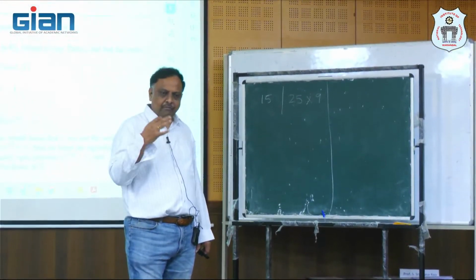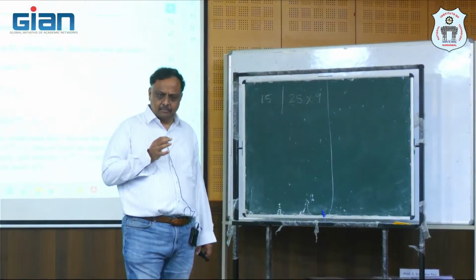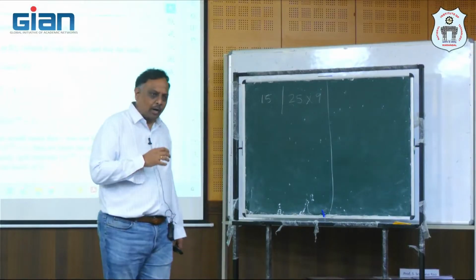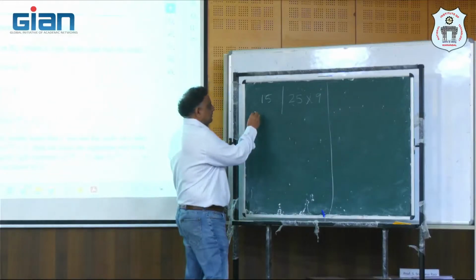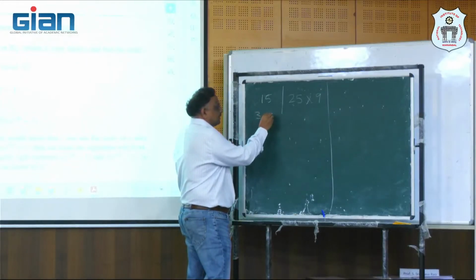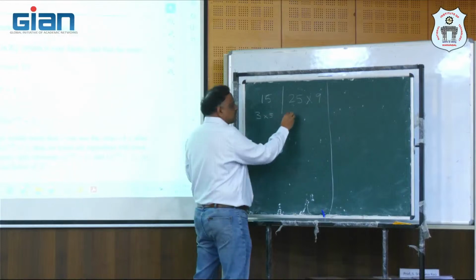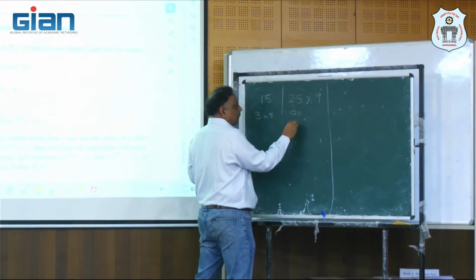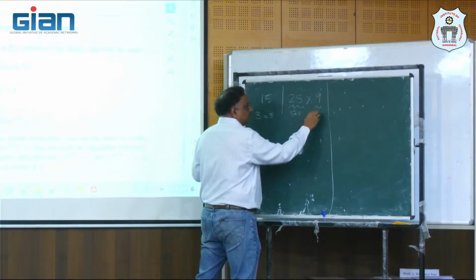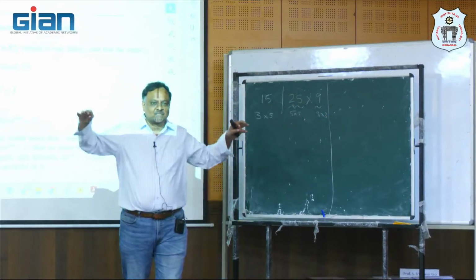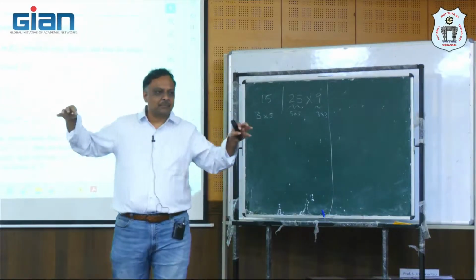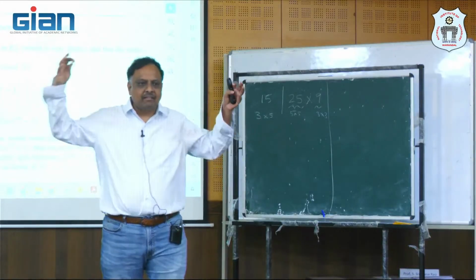Suppose 15 is not dividing 9 either. That means what? The factors of 15, 3 and 5, correct? They must distribute here, because overall it is dividing.